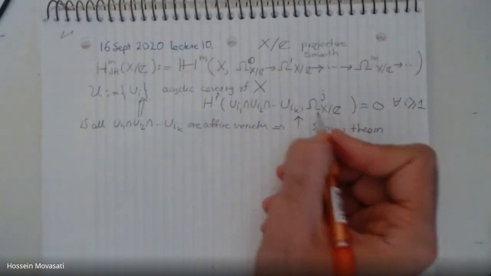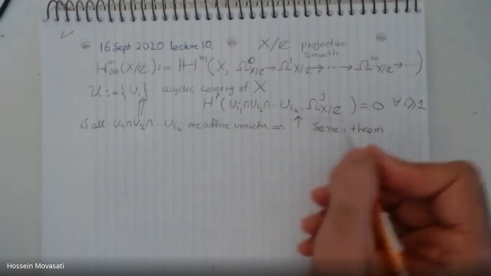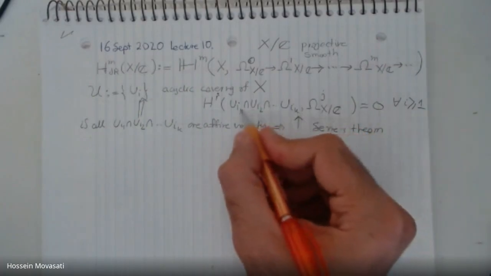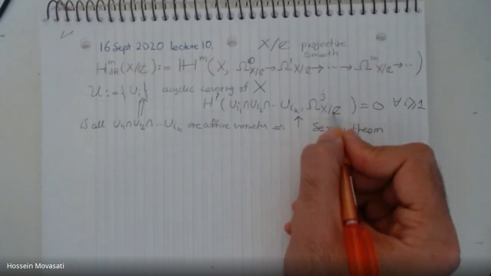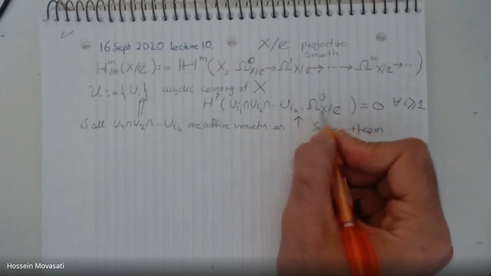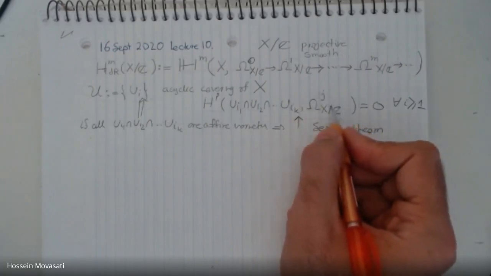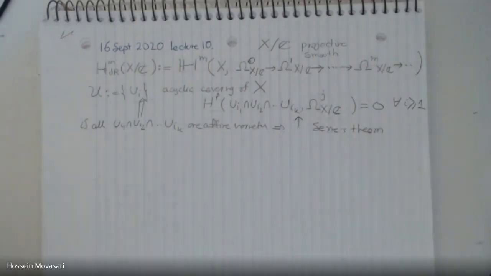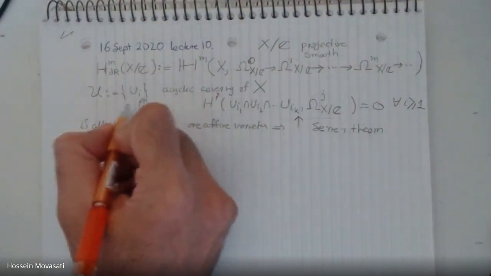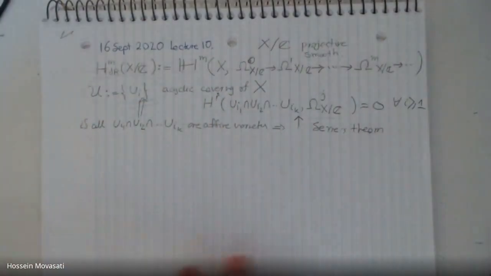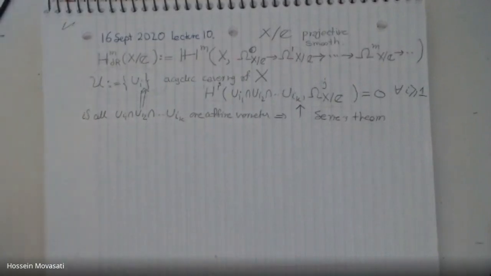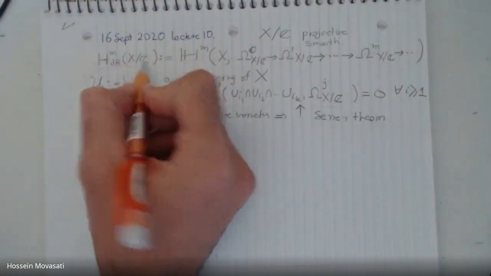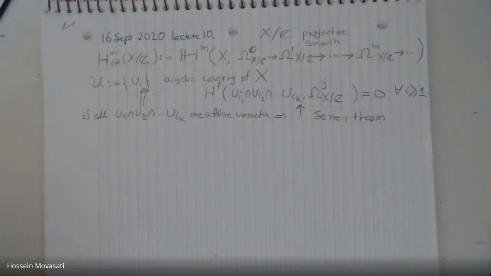Serre's theorem says that for affine varieties and any coherent sheaf, you don't have any non-trivial cohomology. So the moral of the story is that we can use this covering in order to compute and obtain elements of the algebraic de Rham cohomology.